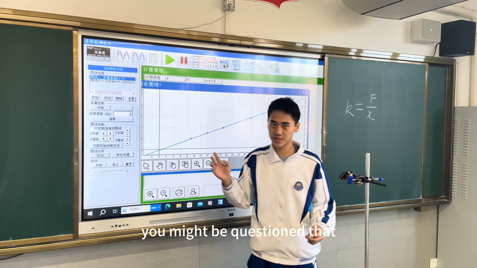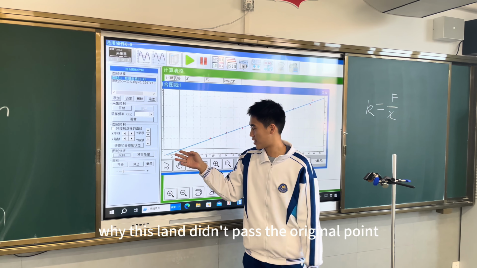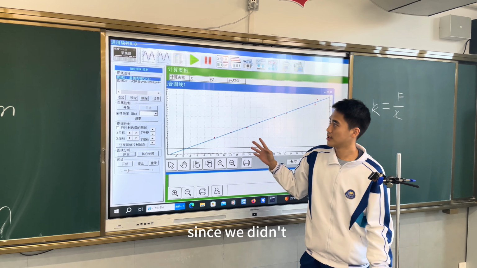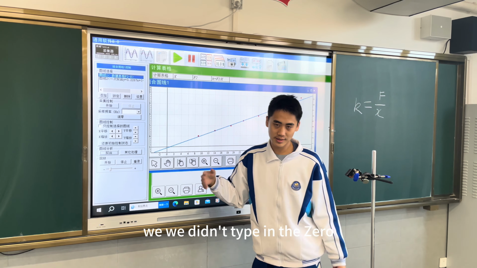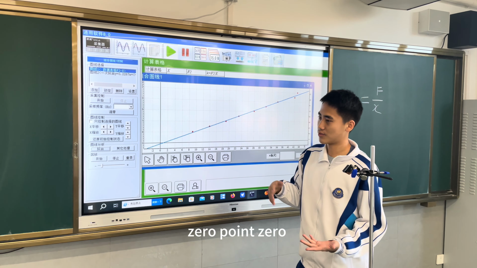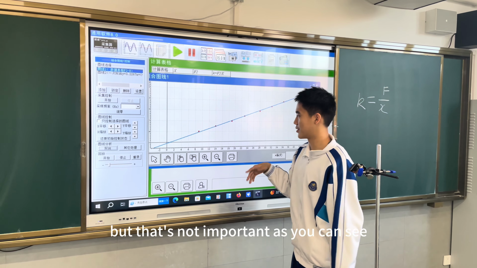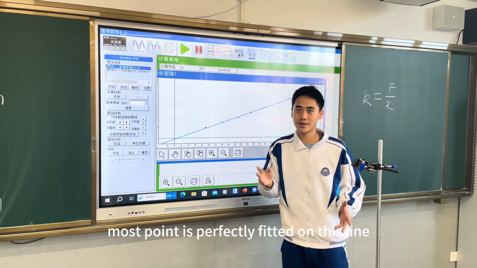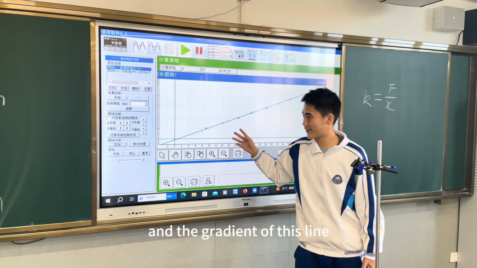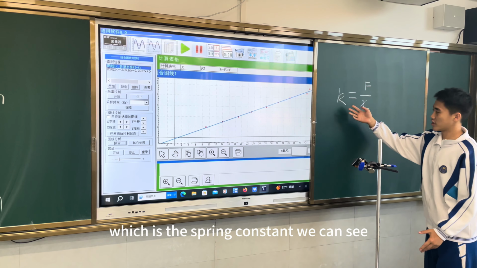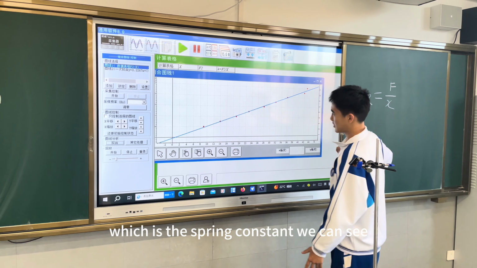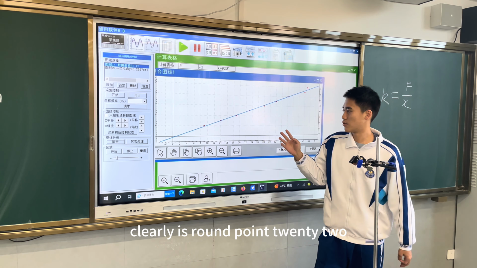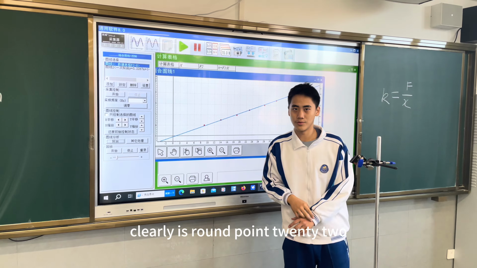You might ask why this line doesn't pass through the origin, since we didn't type in the 0,0 point, but that's not important. As you can see, most points fit perfectly on this line, and the gradient of this line, which is the spring constant, we can see clearly is around 0.22.